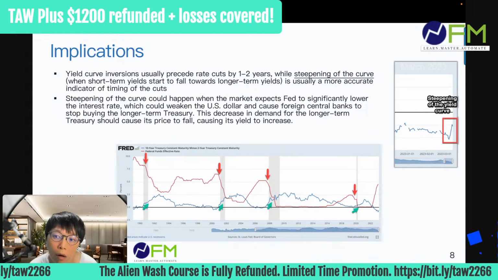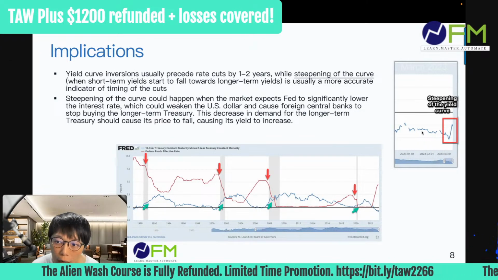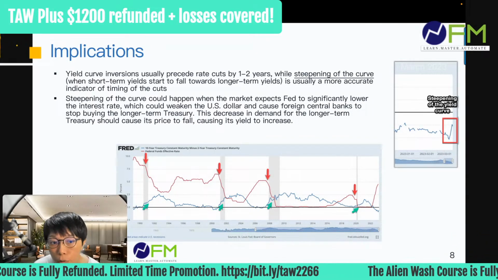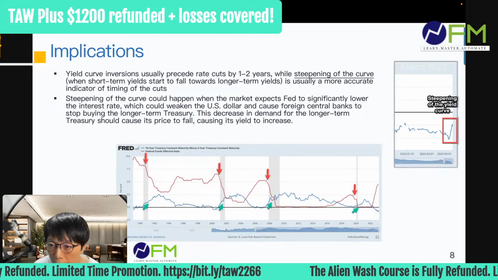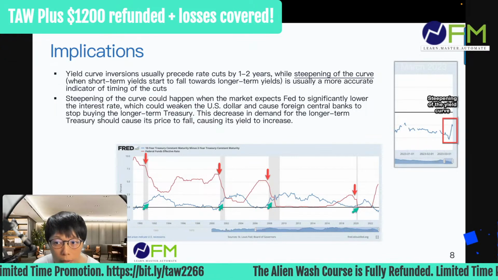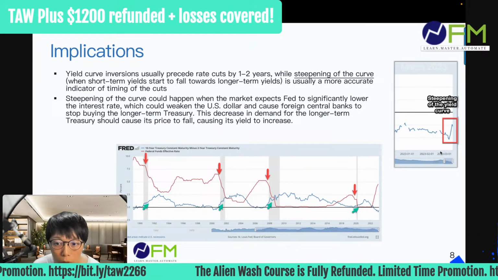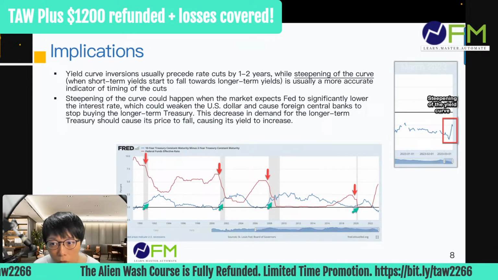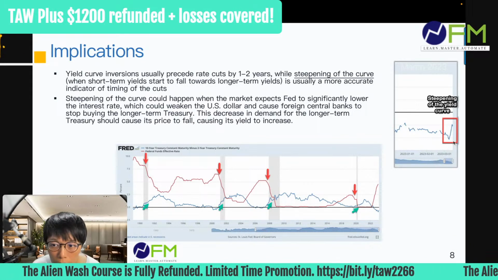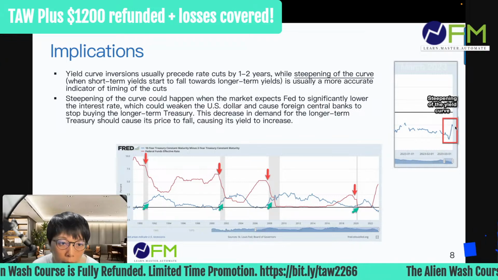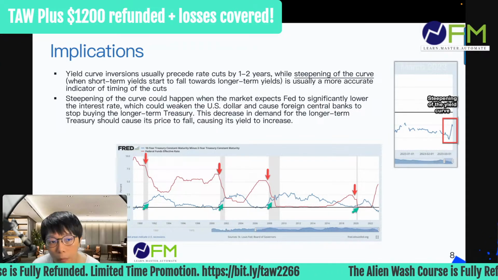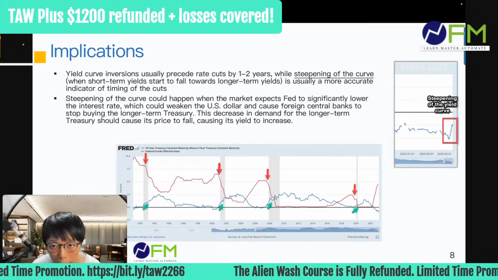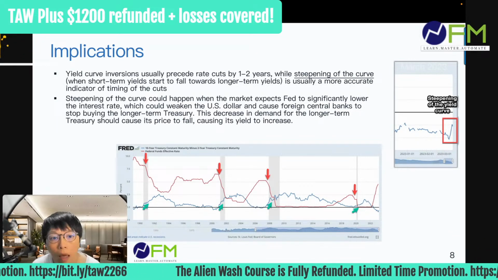Therefore, if you look at the right-hand side of this yield curve, where I plotted the difference between the 2 years and the 10 years, we saw that shortly after what happened to SVB, US banks and Credit Suisse, there was a very steep upward movement. This suggests that the market is potentially expecting the Fed to cut rates.